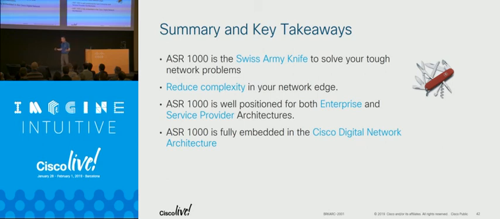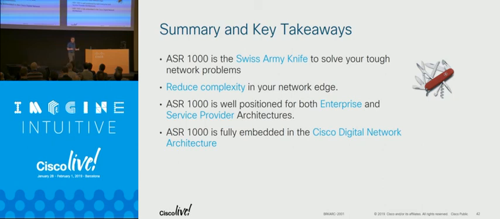That is the main driver for us to build the box, right? You don't need many different appliances in the network to do the NAT, the firewall, the AVC, the security, and you can collapse all that into an ASR 1000.